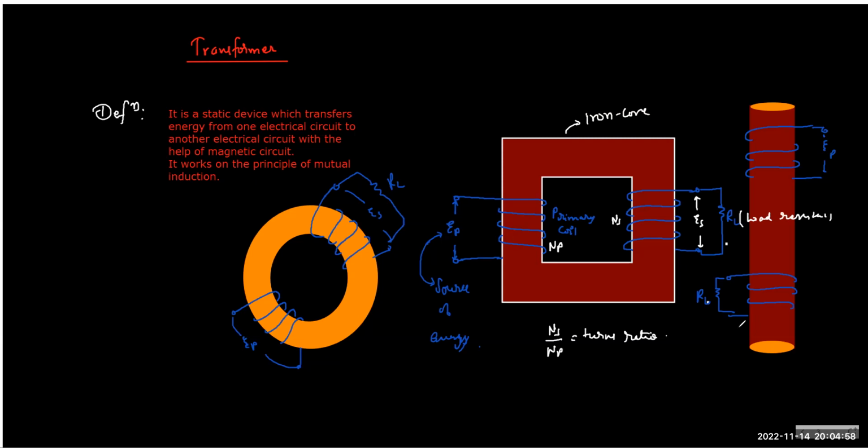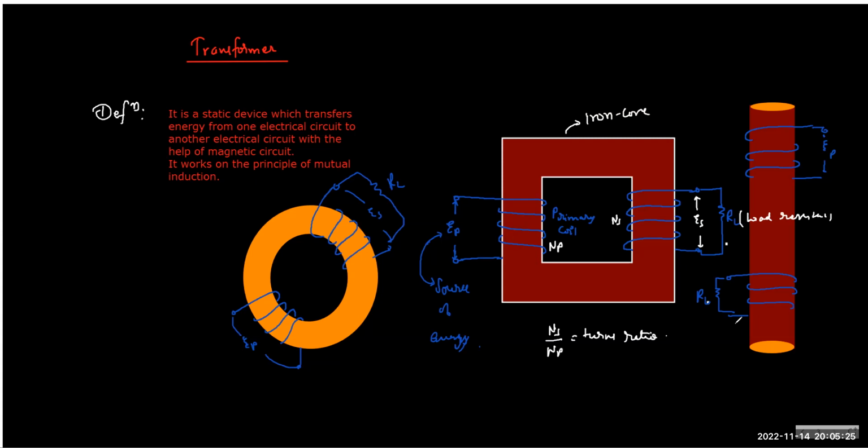Now, the number of secondary sources, you can take more than one also. You can wrap more turns in some other place, and you can also call that a secondary source. Generally, it is not recommended, because if you have multiple secondary sources in a single iron core, then the mathematical explanation will become more and more complex because all three can interact.